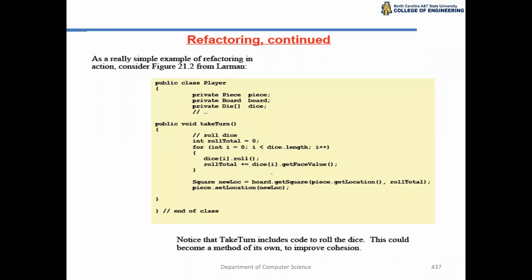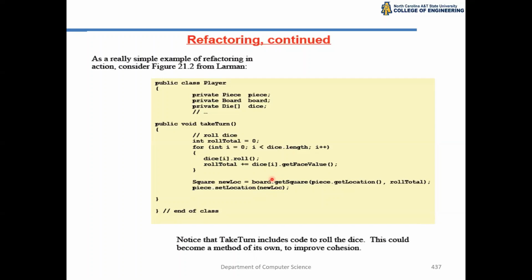So you see this example. This is a class Player with a void take turn method. It is doing two things: taking the turn as well as rolling the dice, right? So it's somehow affected with high coupling maybe, or low cohesion.